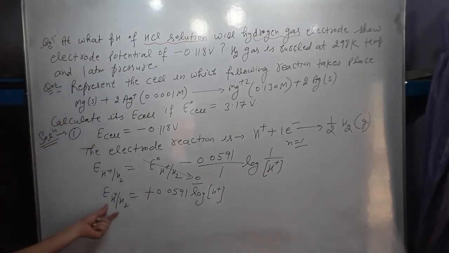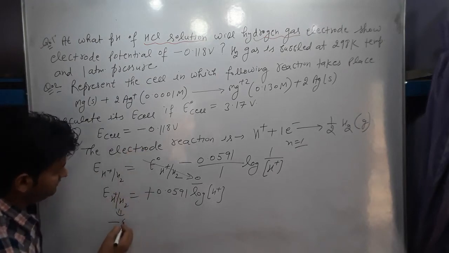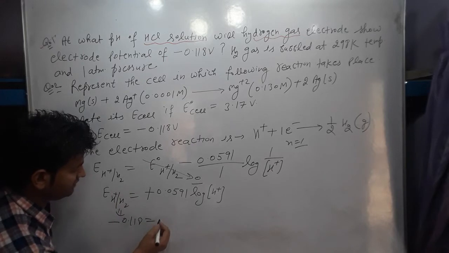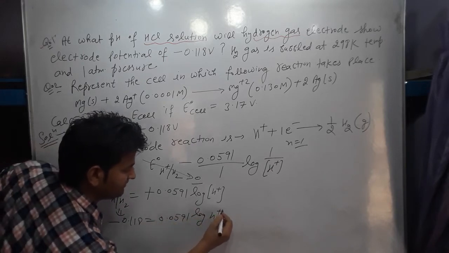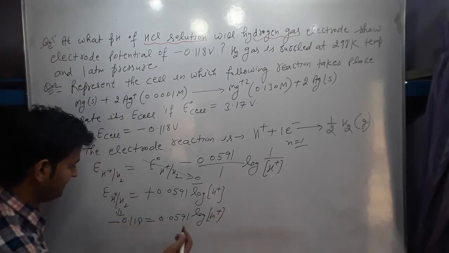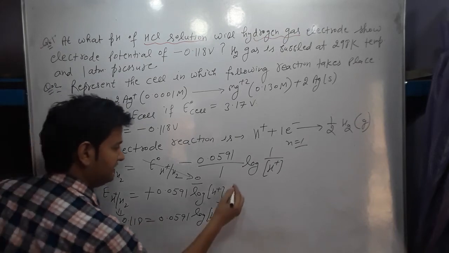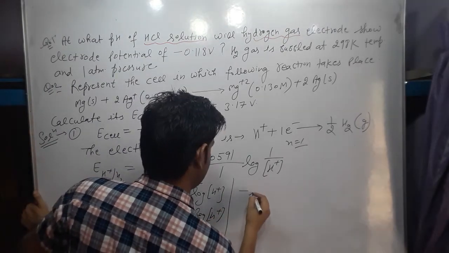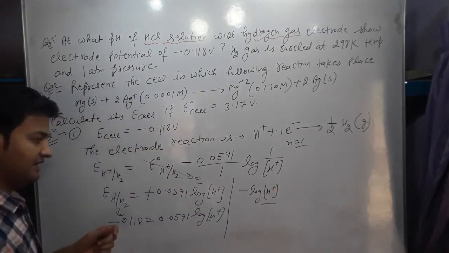And the EMF we have been given is minus 0.118. So minus 0.118 is equal to 0.0591 log of H plus ion. This minus is here, so we can write it as minus log of H plus. Why do we write it?